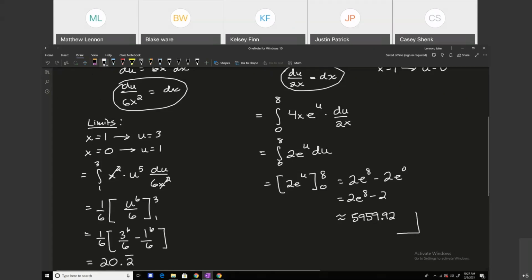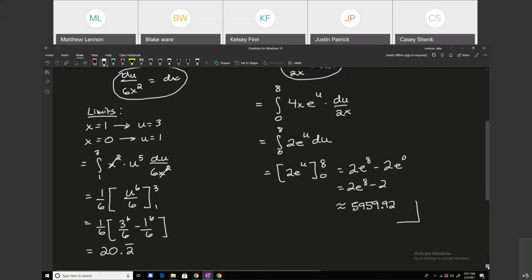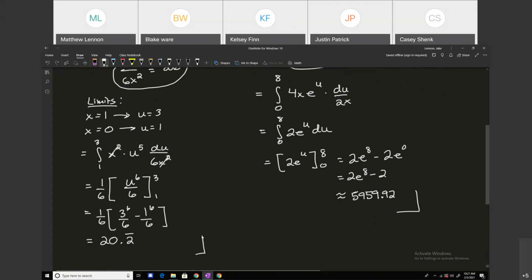So on the previous one, I in fact noted what the limit should have been, but then I didn't actually implement the change. So maybe that's why you were confused. Yeah, that helps. Thank you. Yeah, so there was a mistake there on the previous one. Maybe that was throwing you off.